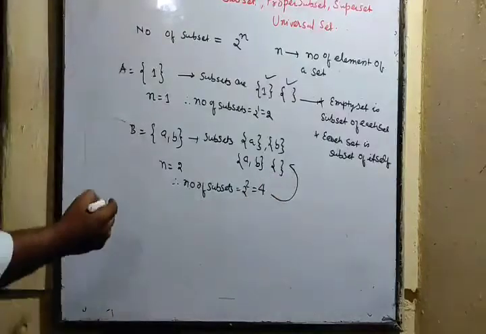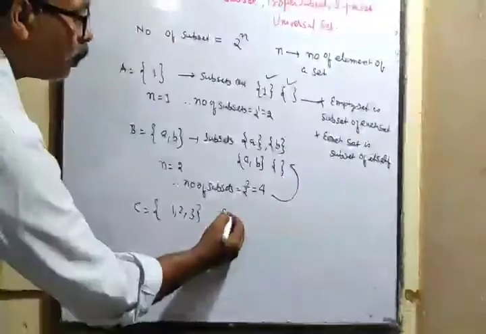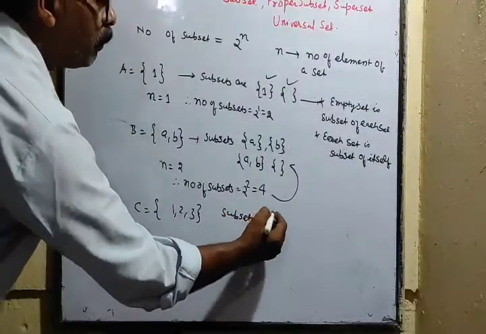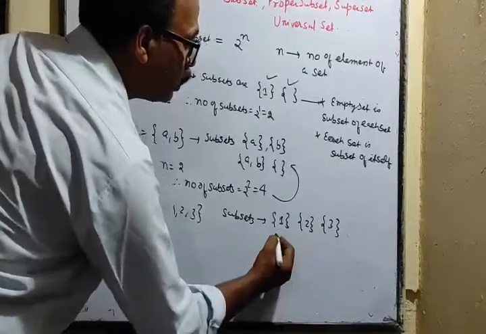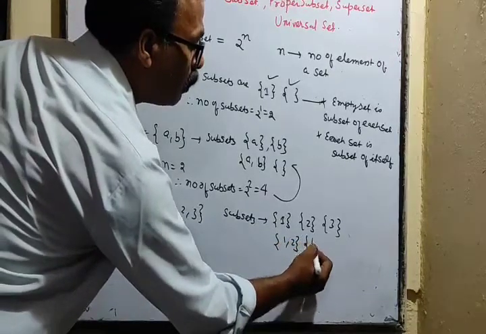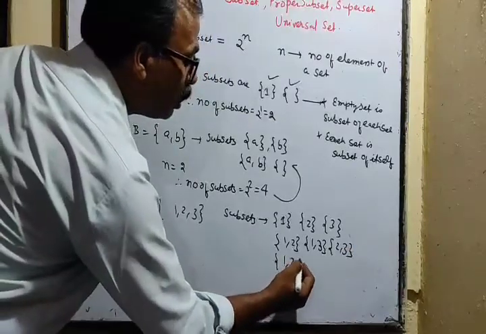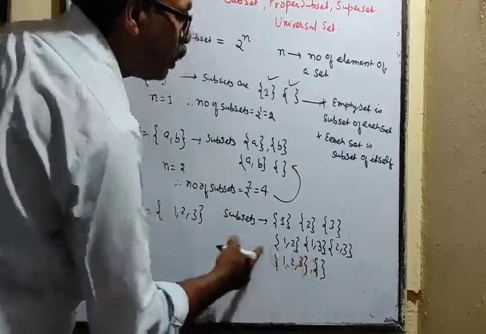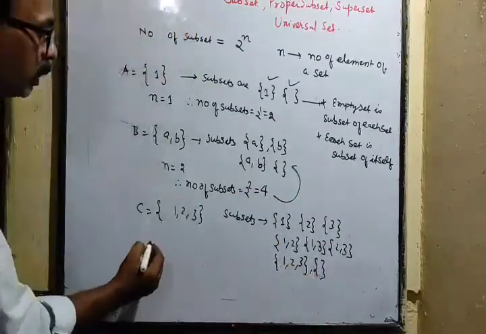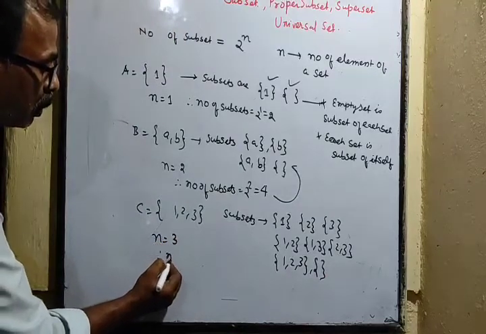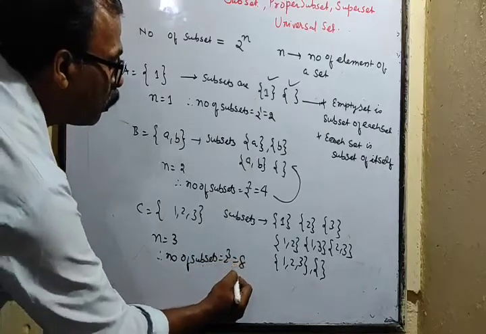Similarly, if C is written as 1, 2 and 3, its subsets will be {1} alone, {2} alone, {3} alone, {1, 2}, {1, 3}, {2, 3}, the set itself, and the empty set. You will find that number of subsets are 1, 2, 3, 4, 5, 6, 7 and 8. And see, number of elements is 3. Hence, number of subsets is 2 power 3, that is equal to 8.